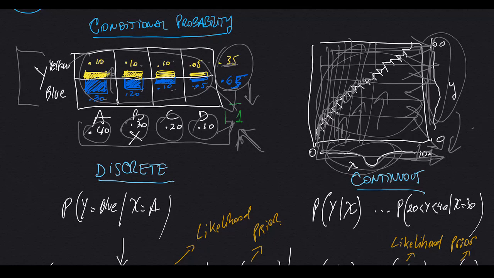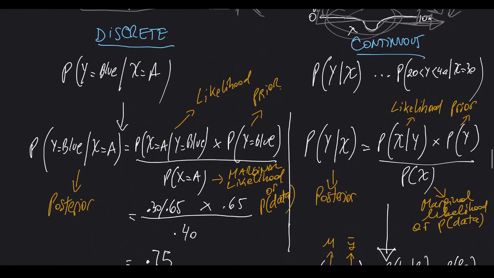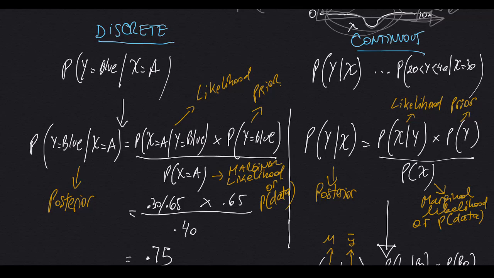Bayesian estimation uses the Bayes theorem. So here is the Bayes theorem, which has a version for discrete variables and a version for continuous variables.